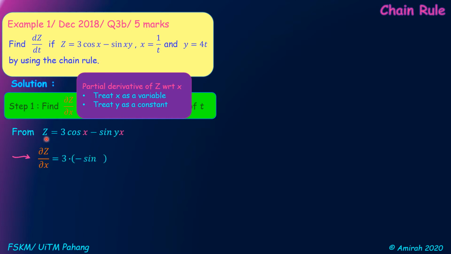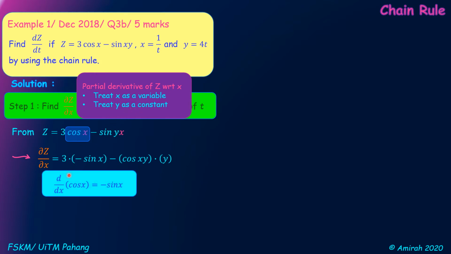Alright. When we differentiate z using partial derivative with respect to x, we have del z over del x. From here we have multiplication by a constant, so we just keep the constant in front here. Then we differentiate cos x, because x we treat as a variable. The derivative of cos x with respect to x equals negative sin x.